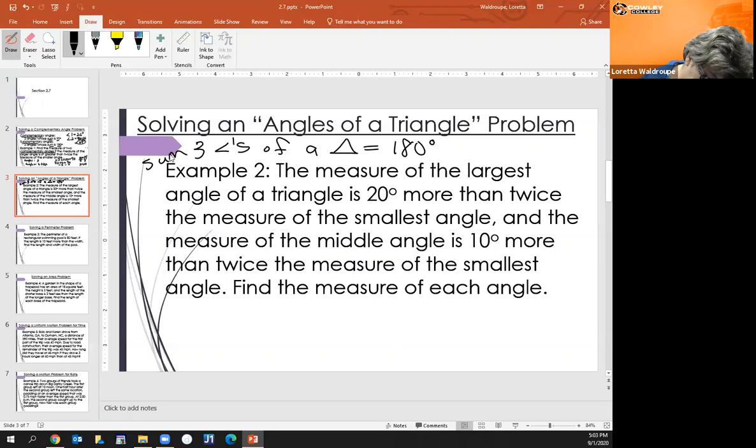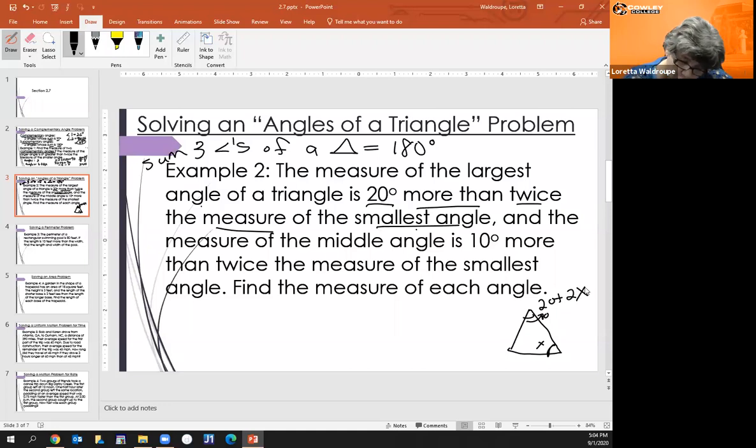So over here on the side, I'm going to draw a little triangle. The measure of the largest angle of a triangle is 20 more than twice the measure of the smallest. So if I call the smallest x, my largest is 20 more than twice that. So 20 plus 2x.